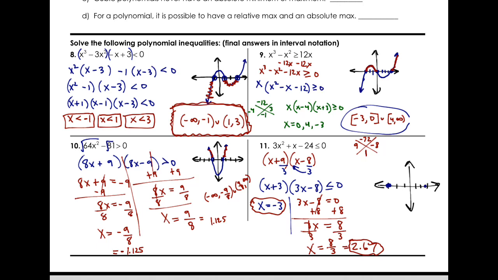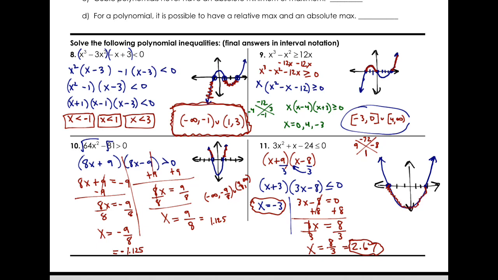Even function, so we know left side up, right side up, going down, back up through there. We're shading below because that's less than or equal to. So we shade from there, including the point, all the way to there.